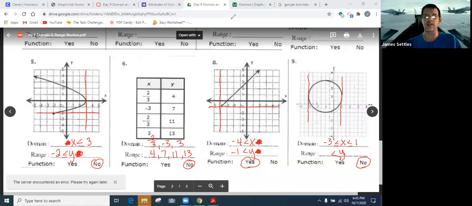And then, we're almost done. Hang in there. Y less than. And then on the bottom, we're going to go -1 right there. No open circle. And on the top, 3. No open circle. All right. Hope that helped you.